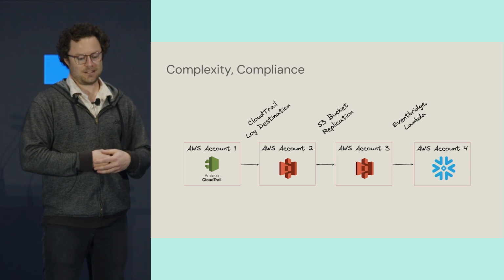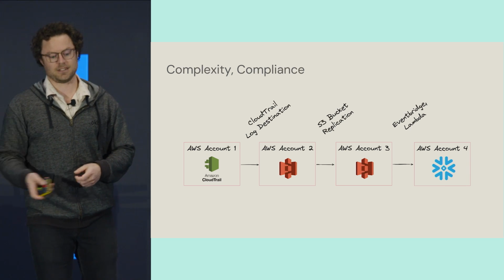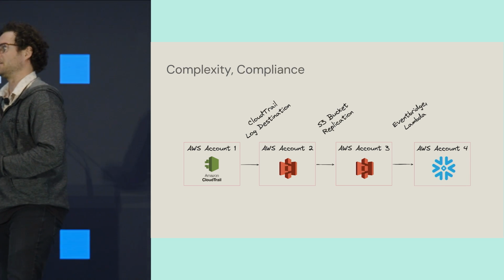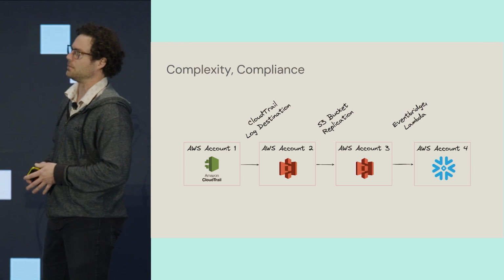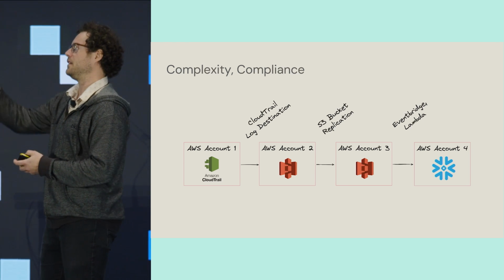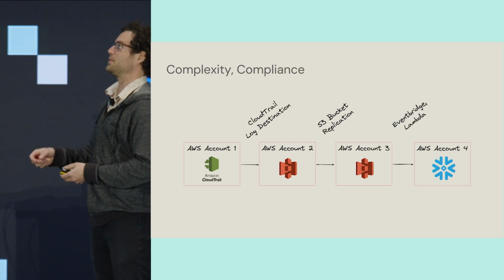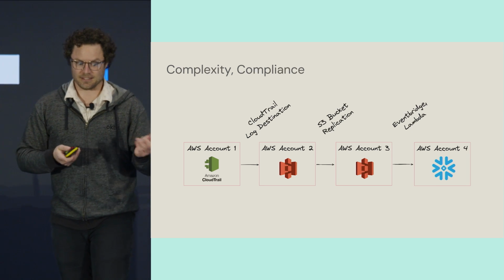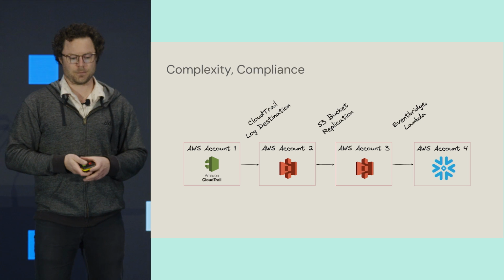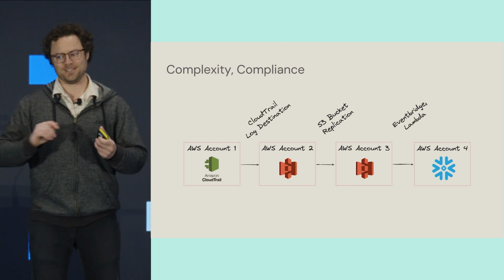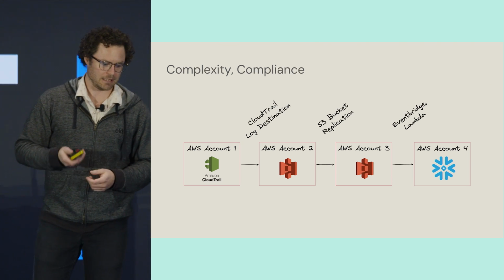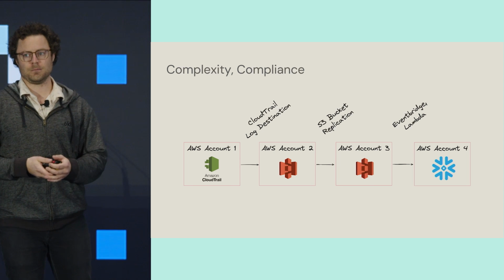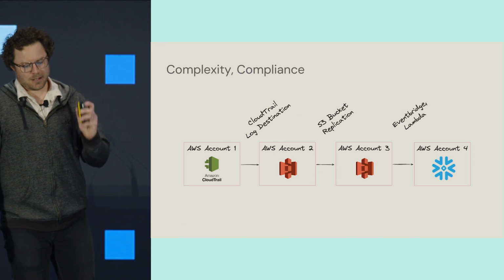However, you can't do that to the second hop of AWS accounts. So an S3 bucket replication policy has to be set up. So you're traversing AWS account 1, AWS account 2, AWS account 3, and then putting it in Snowflake, which is yet a fourth AWS account. In this case, again, using EventBridge and Lambda. Not ideal, not really that pleasant, quite frankly. Talking to 3 different teams when anything goes wrong.